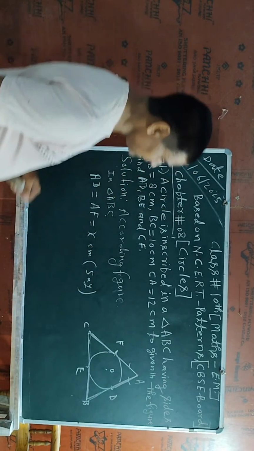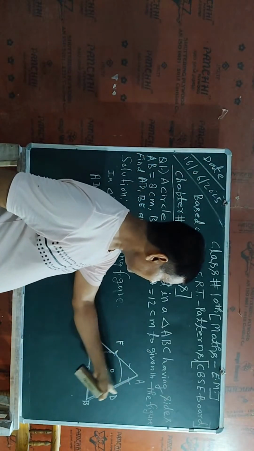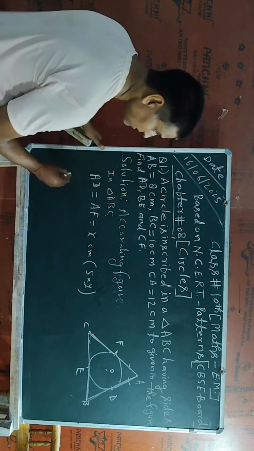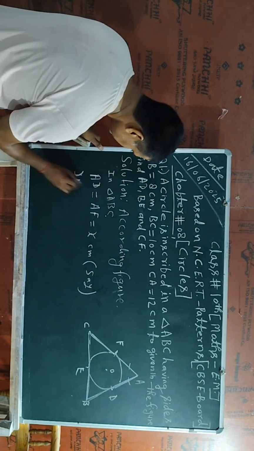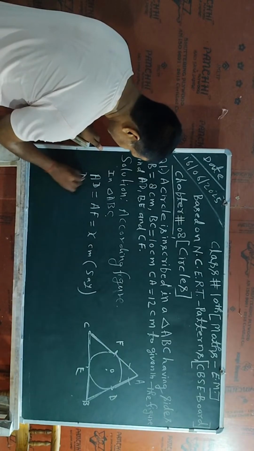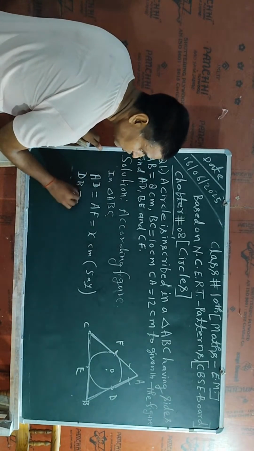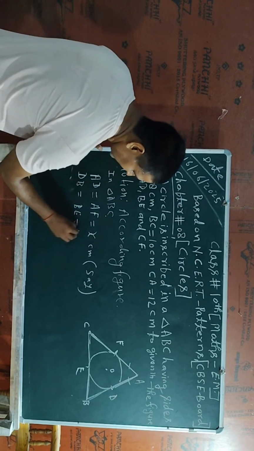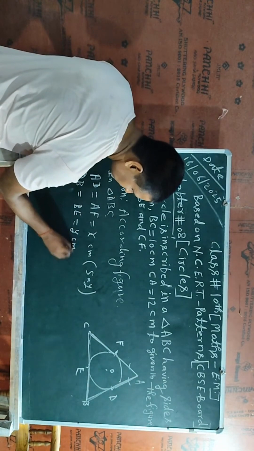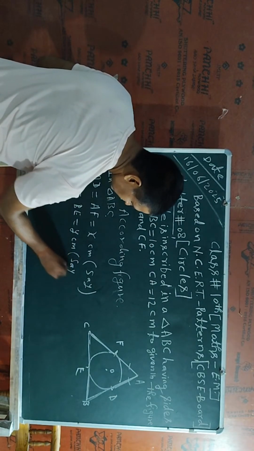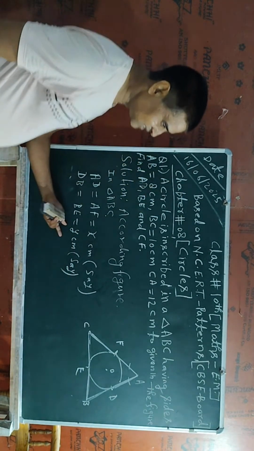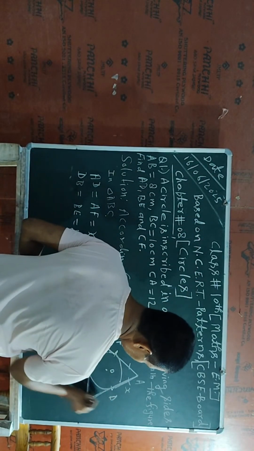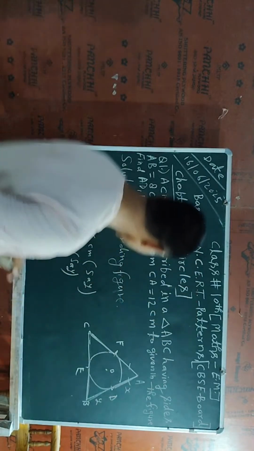Okay. Similarly, I will write length DB and BE both will be same. Here I will write DB is equal to BE, and that length I will say Y centimeter. In other words, we will say this is X and this is Y. Okay.